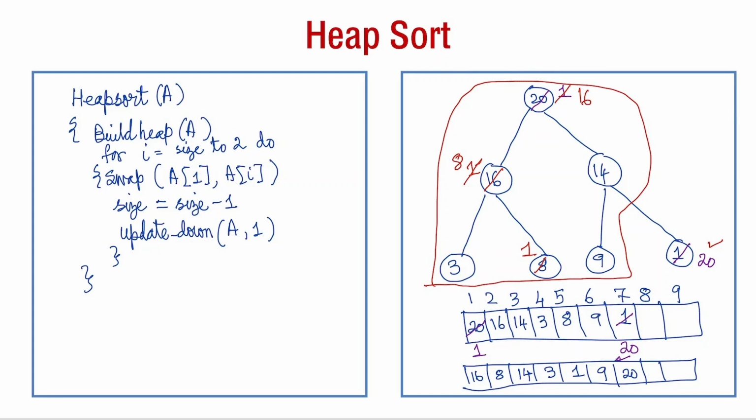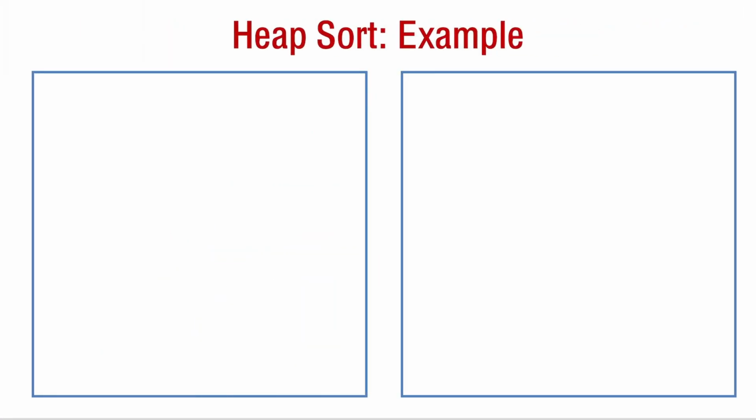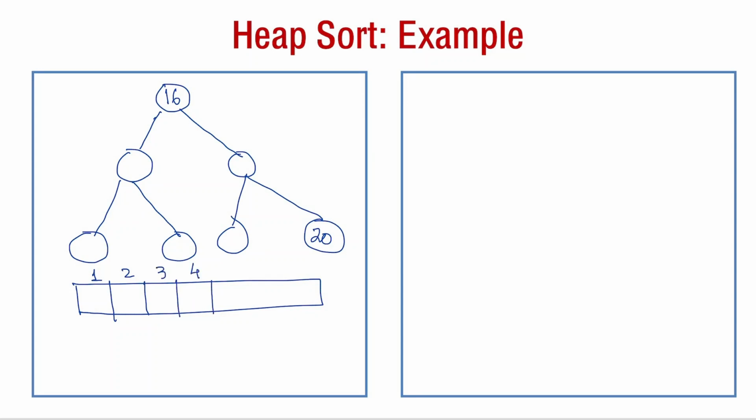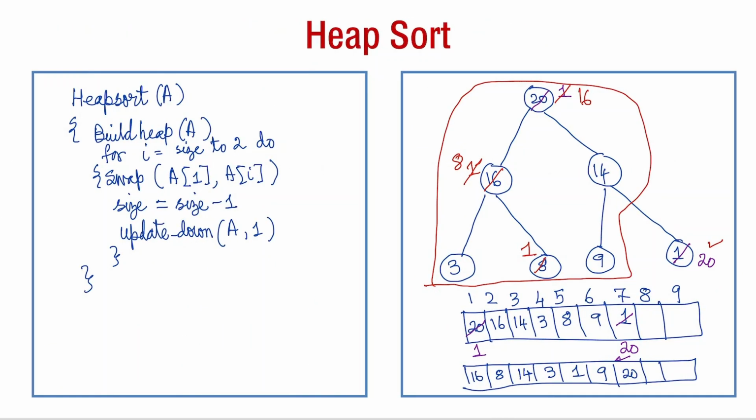And as we can see, this will continue going. If we continue this example, then we will have our nodes as follows: 16, our 20 is here, and we have seen 16, 8, 14.